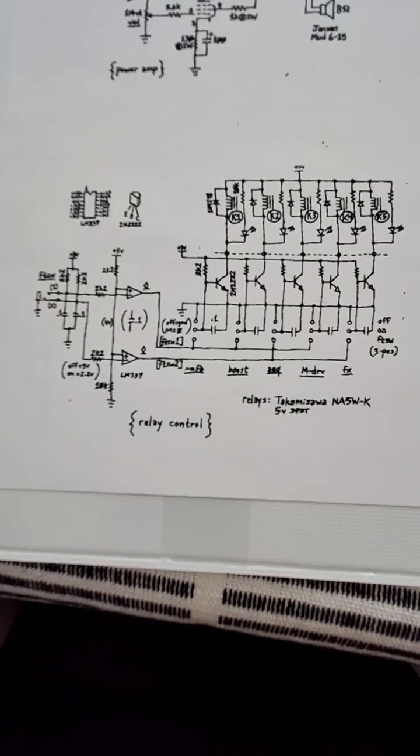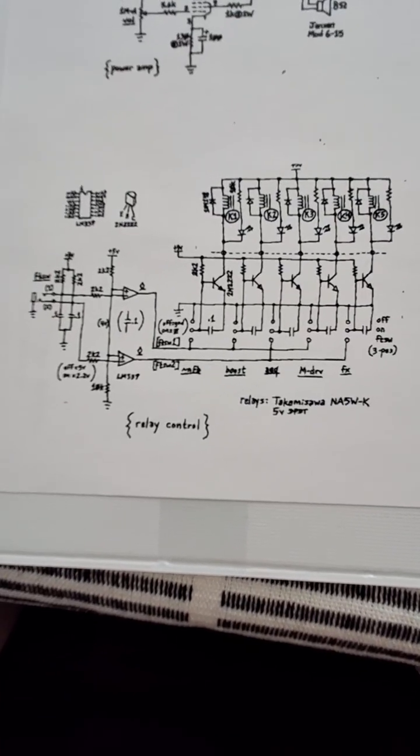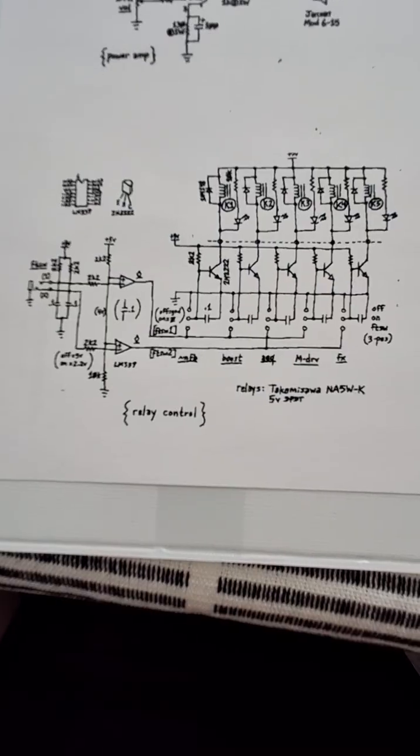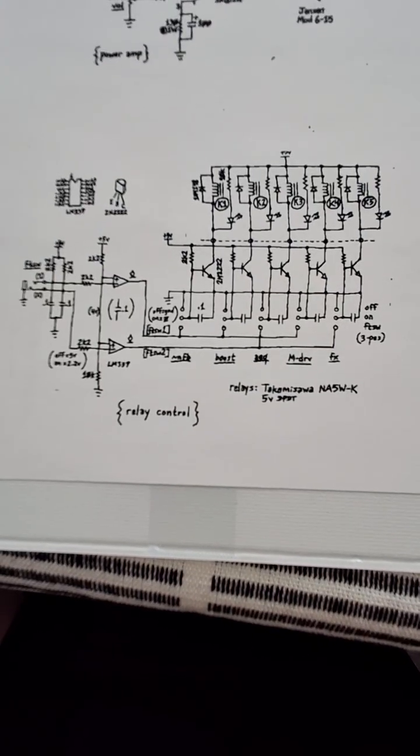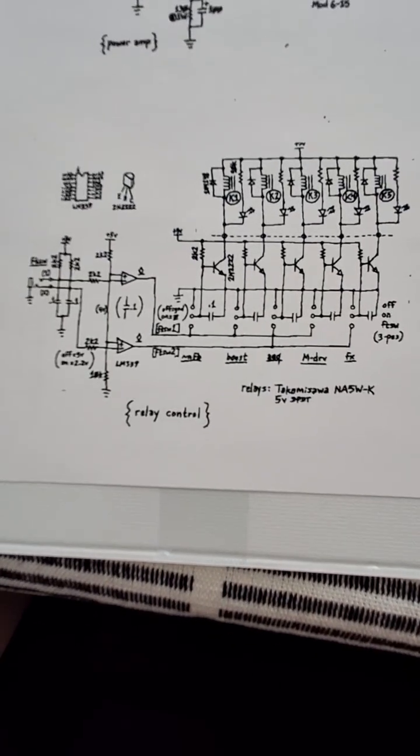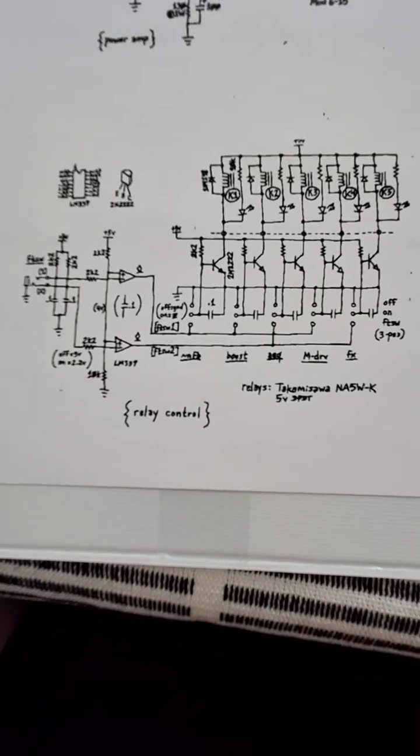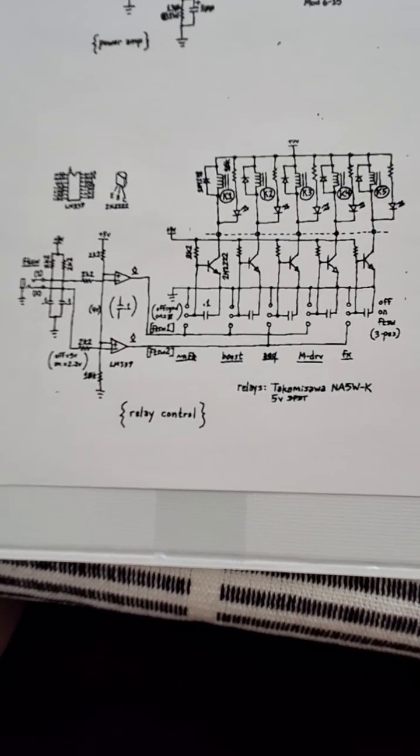That's really just asking for trouble. I guess it avoids some complexity, but put a relay in there and do it right, and drive the relay with a transistor, and everything will be better for you.